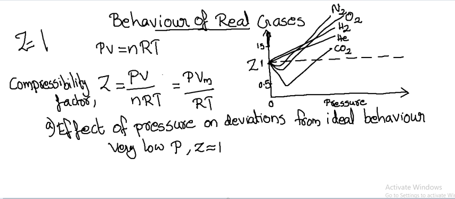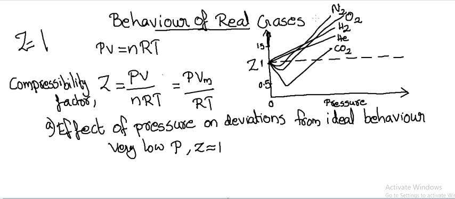And what is the inference of Z value greater than 1? That is, each of them becomes less compressible than an ideal gas.